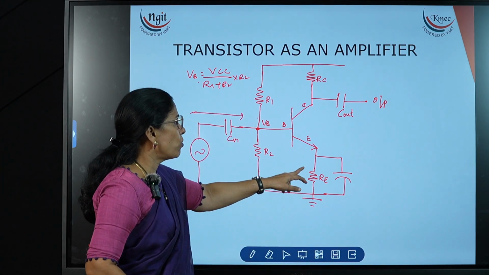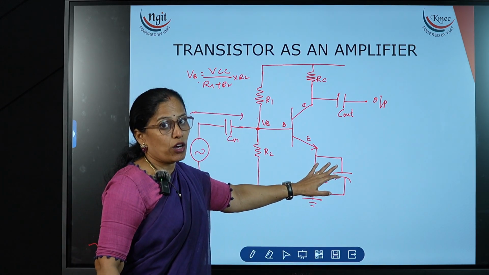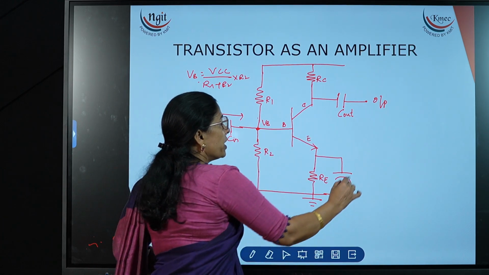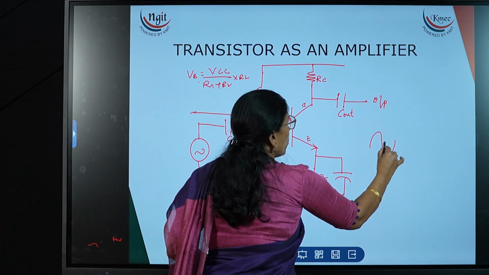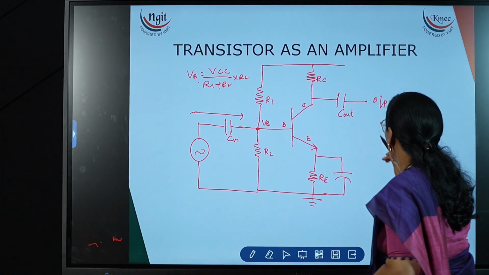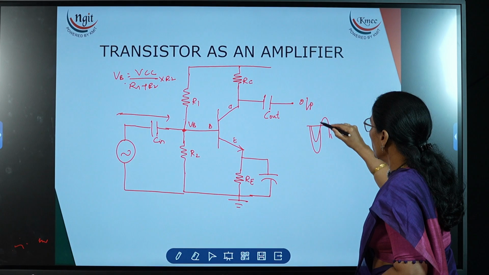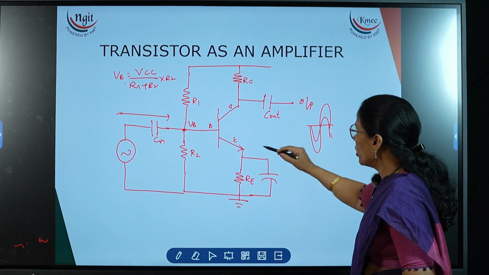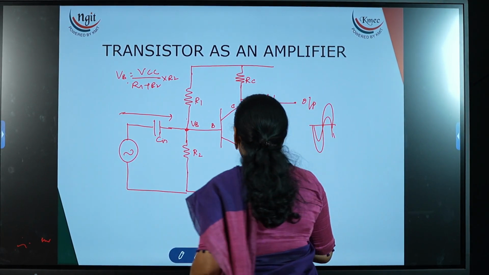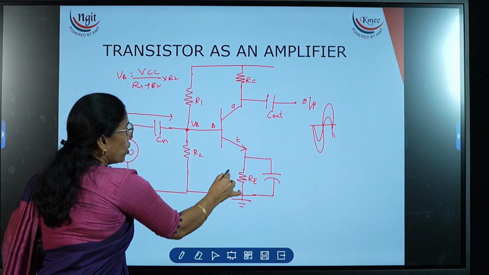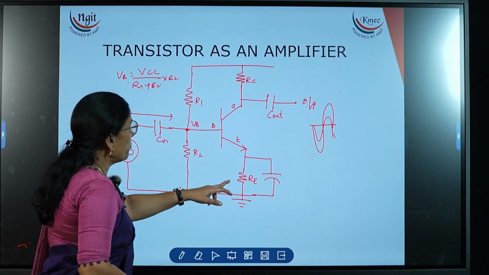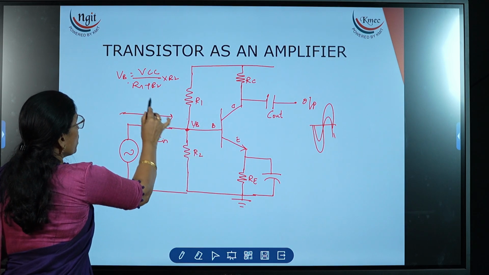Now what is this RE for? Stabilizing the output, as I said. If the output is going beyond the limit, if it increases like this, what happens? The output current also increases, thereby the drop increases. If the drop increases, what is VB? VB is equal to this, I said.